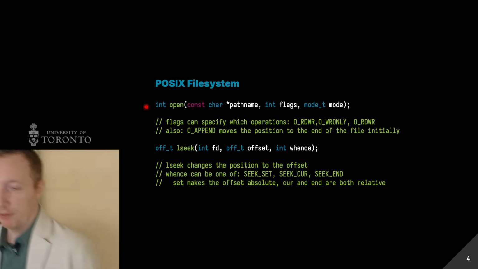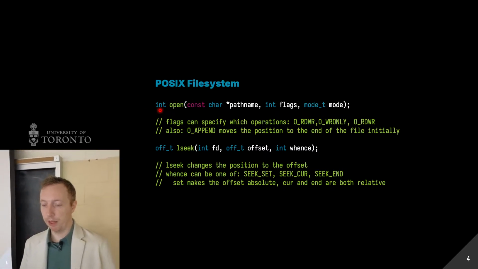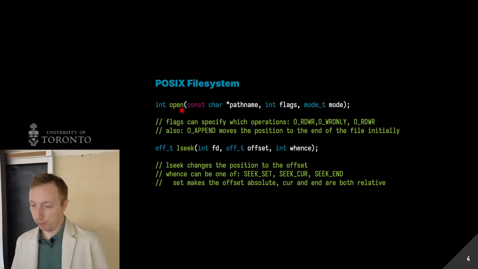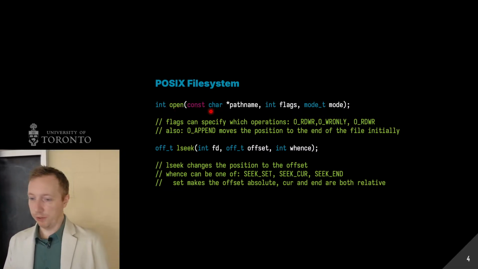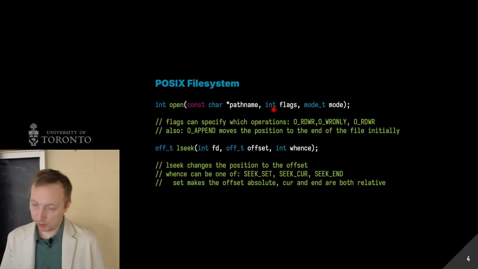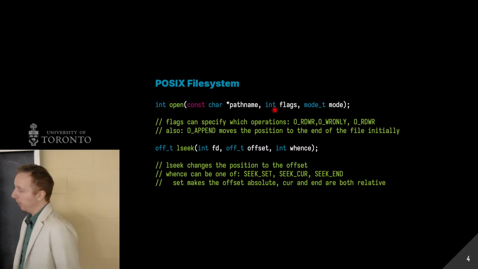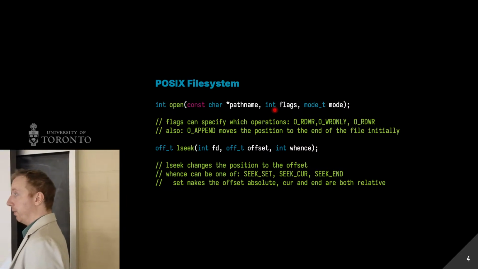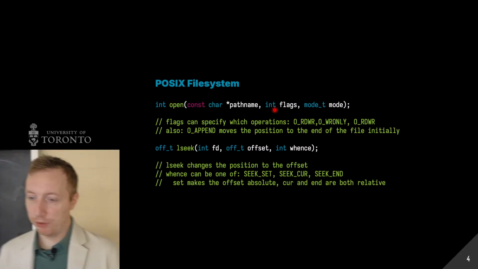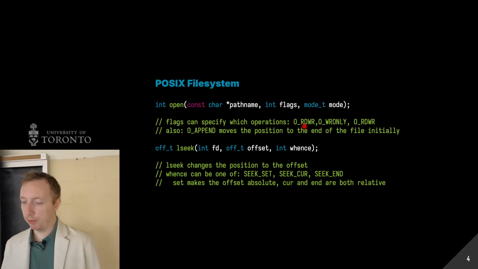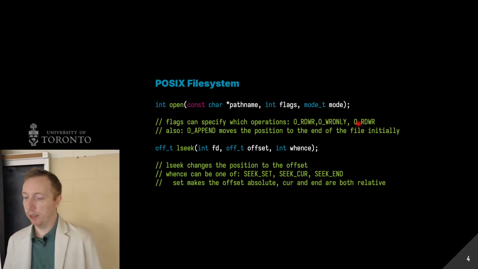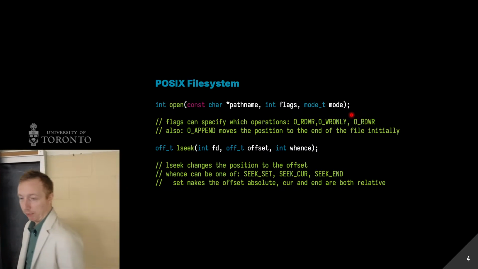The main system calls in POSIX file systems that we've already used include the open system call. It takes a path name as the first argument, then flags, which specify what operations you are allowed to do with it. It kind of looks like permissions for a page table entry. You could do read and write, write only, or read only.